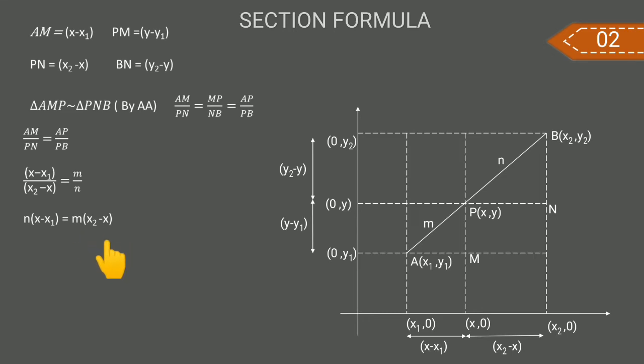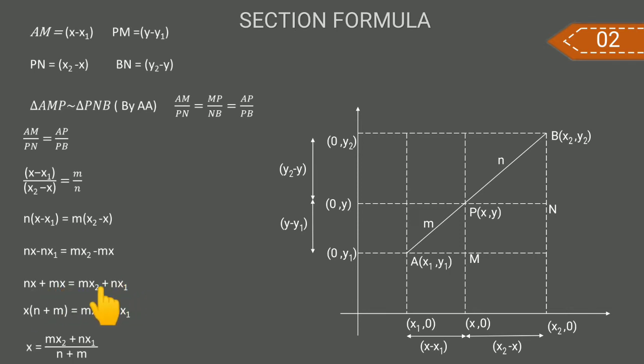Then we take the terms with x on the same side, and x1 and x2 on the other side. Taking x as common, we can find the value of x. The value of x is equal to (mx2 plus nx1) upon (m plus n).